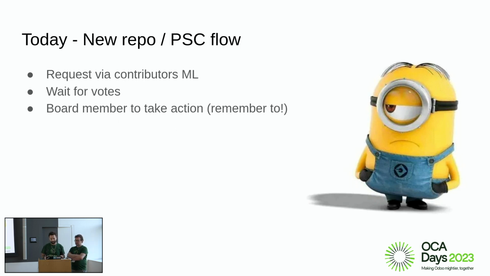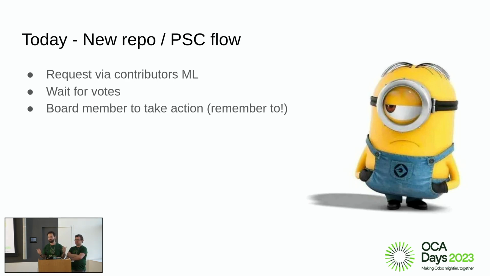So the workflow today is this. You request through the contributors mailing list, just write an email. You wait for the vote, so +1, +1, +1, +1, +1. And then what happens is that one of us has to follow up on that request and take action.